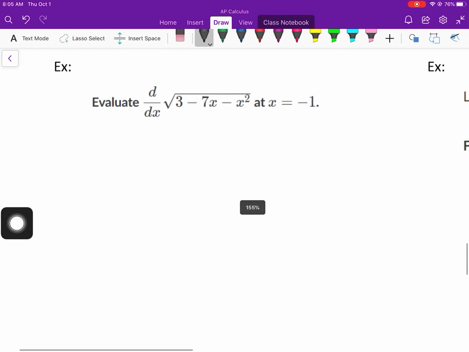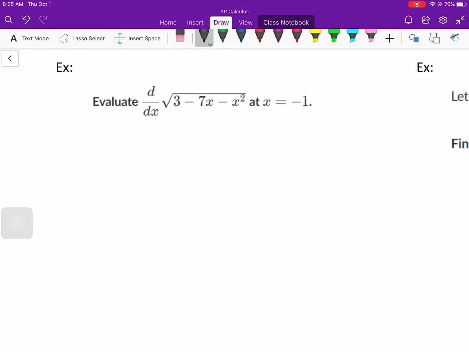Let's go ahead and take a look at this one. So I'm going to go ahead and rewrite it as all that to the 1/2 power, because the square root would be to the 1/2 power.